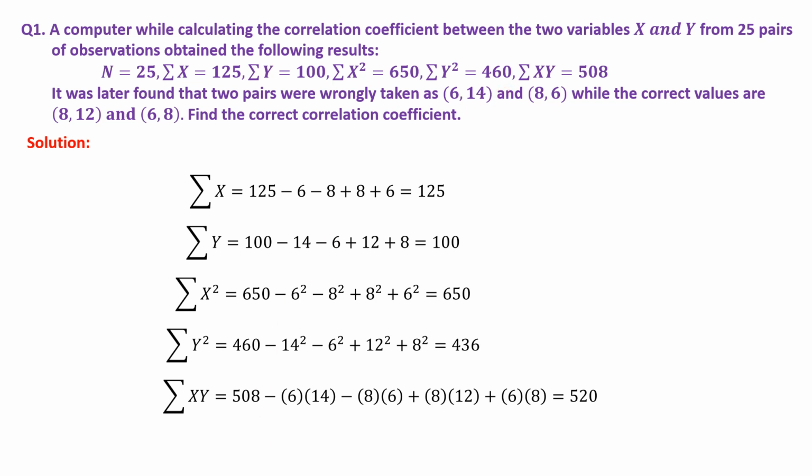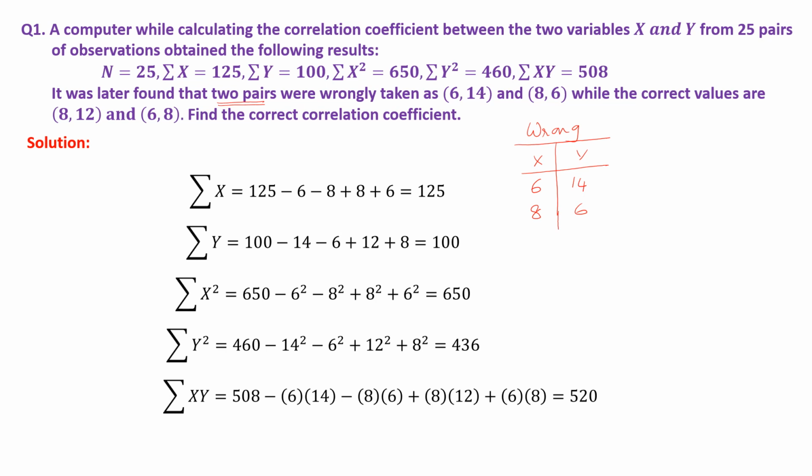It says that the two pairs that were given to us were wrongly taken. So the wrong values that were taken: one value was x is 6 and y is 14. The second point was x is 8 and y is 6.